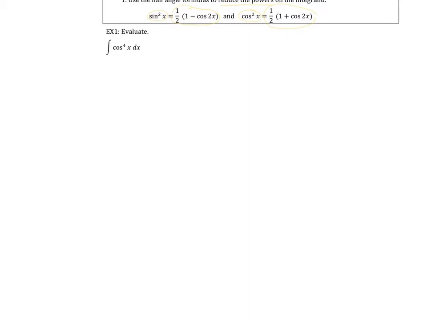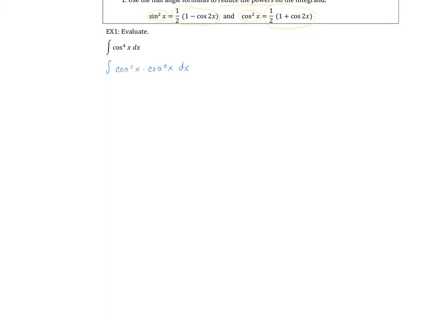We're going to evaluate the integral of cosine to the 4th, and we have a problem with that because our typical techniques won't work, because it's like cosine times cosine times cosine times cosine. So this is actually a product of functions of x. So what we're going to do is break this up into cosine squared times cosine squared dx.